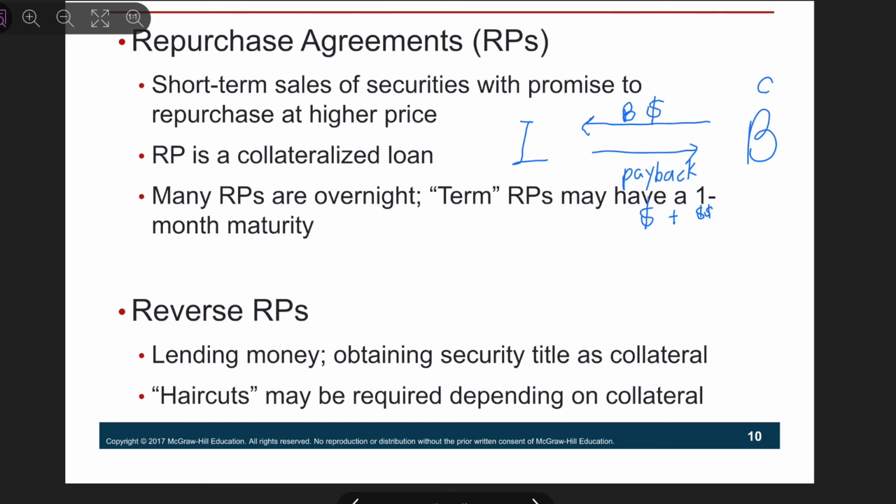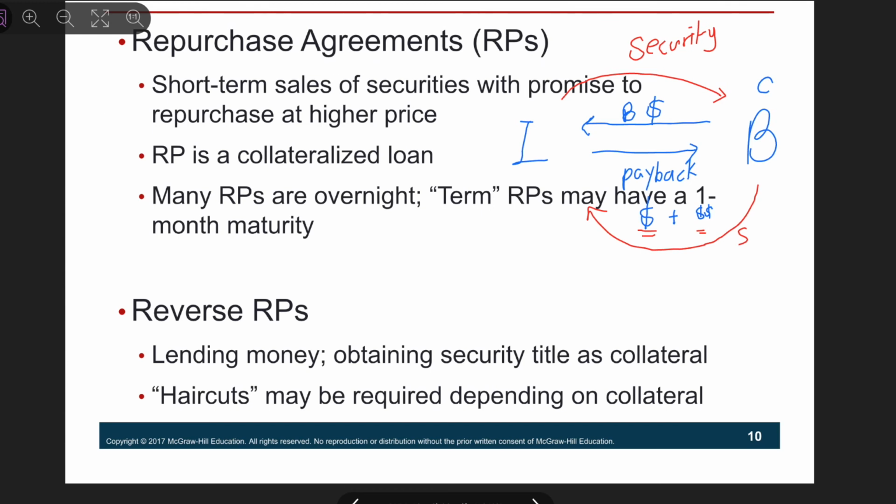Why does he pay you? Because there is collateral I'm going to give you for a while, that is the security. And of course, if I pay back the principal and interest, you're going to give me back that security, right? That was a repurchase agreement.